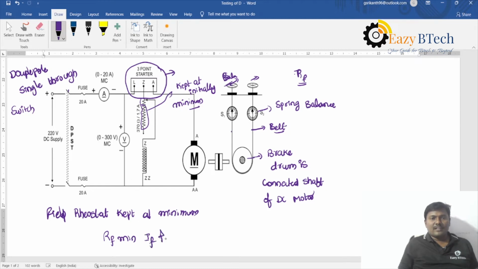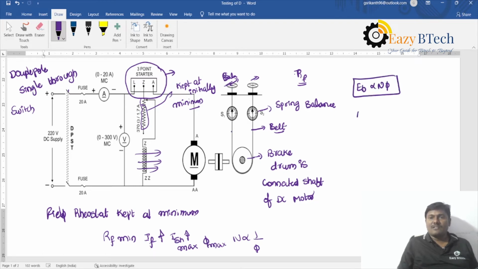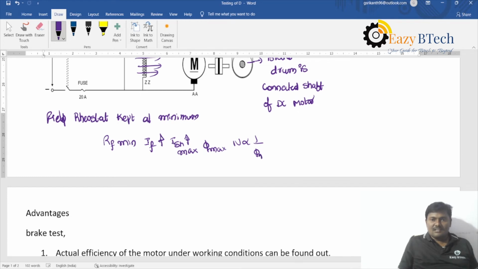If the field rheostat is at minimum position, RF is minimum, so the current through the field winding, the shunt current, is maximum. The flux produced by the field winding is also maximum. We know the relationship between back EMF, speed and flux: EB is directly proportional to N phi, so N is directly proportional to EB divided by phi.